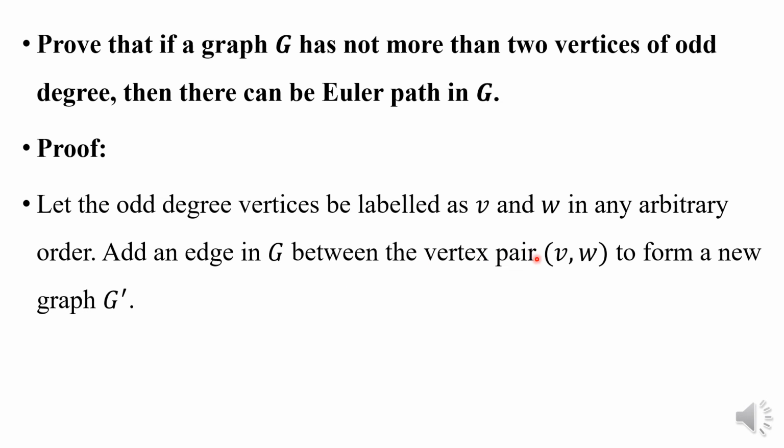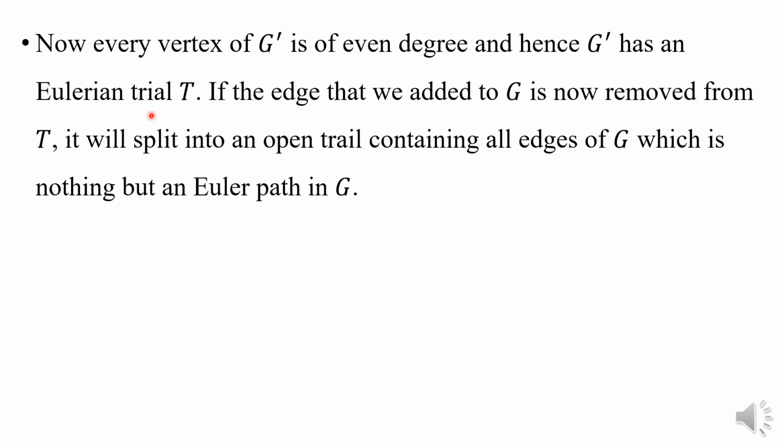Since I have added one edge between V and W, which already had odd degree, what about the degree of V and W? It will become even. So every vertex of G dash is of even degree. Already we had V and W as odd, and by adding one more edge it becomes even.